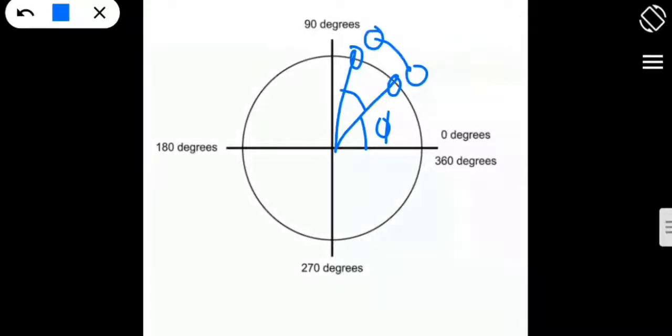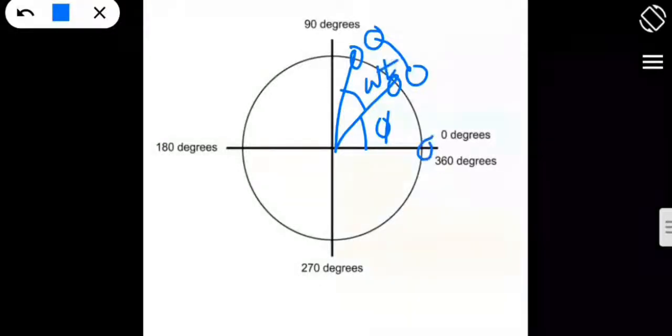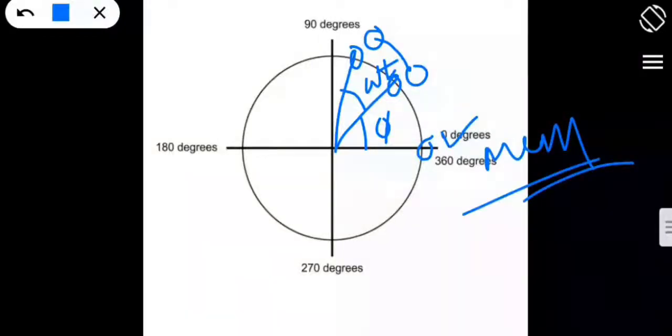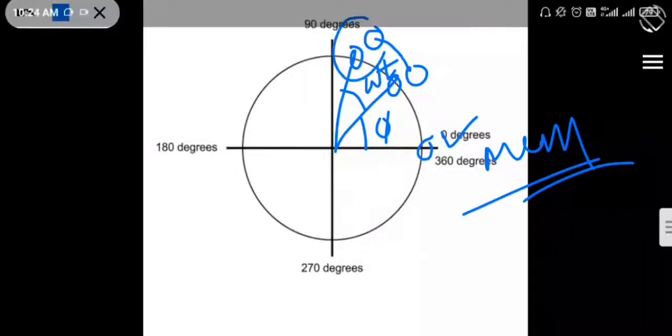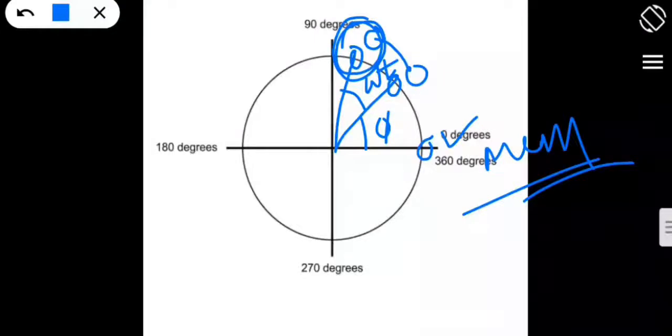Now if I calculate from the mean position to the final position, what should the formula be? Again, what is the y formula?